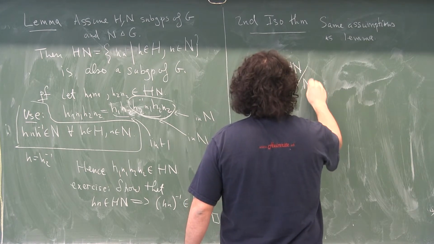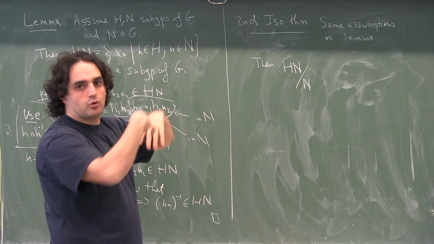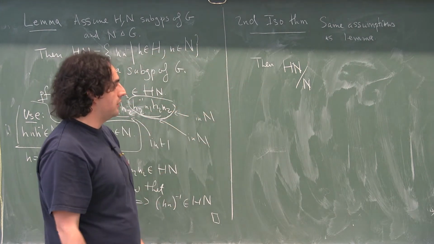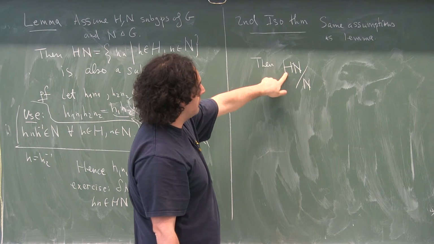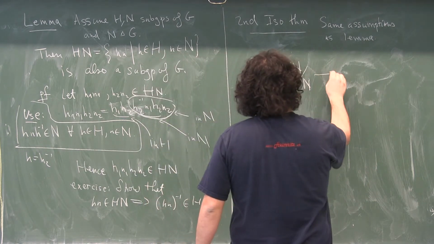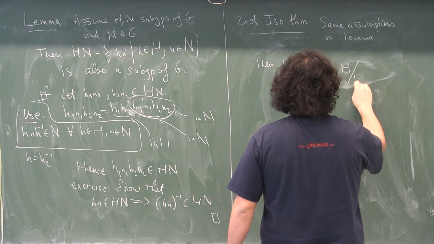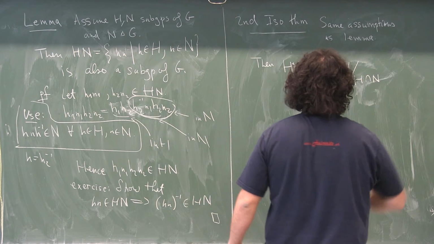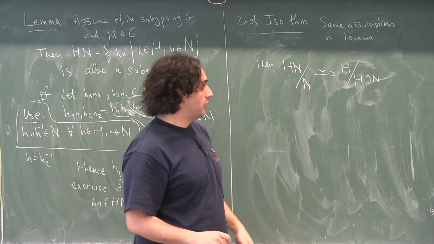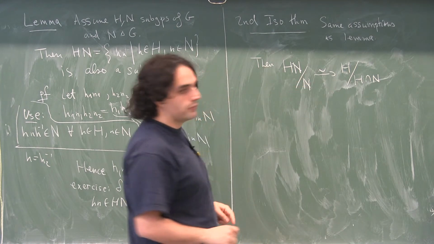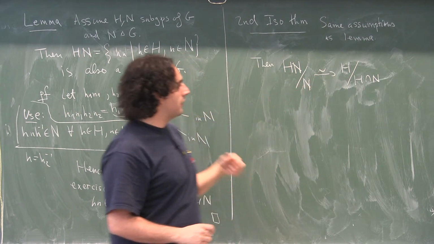Now, this will have N as a normal subgroup. If N is normal in the big group G, it's normal in any subgroup of G containing N, because to be normal in here requires less to be verified. This is isomorphic to H divided by H intersect N. So we are saying that H intersect N is a normal subgroup of H, and that we have an isomorphism like this.